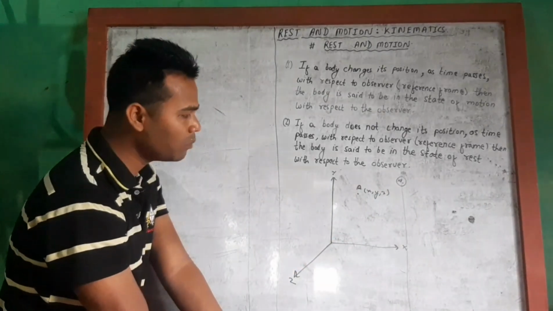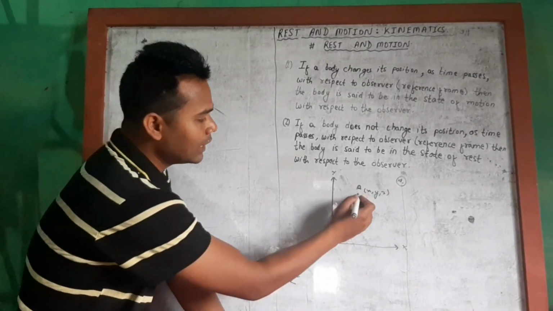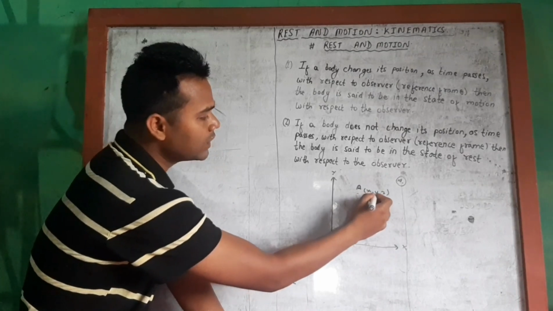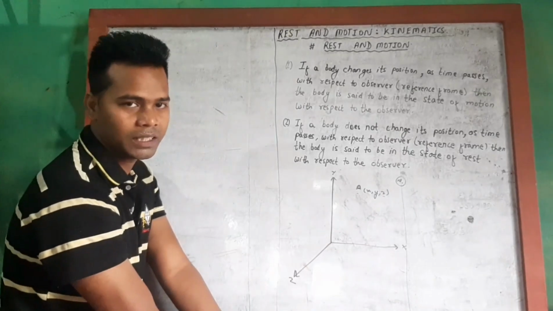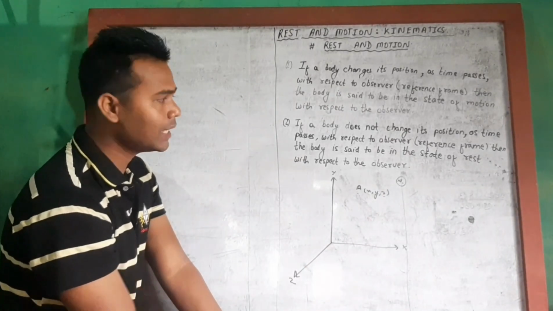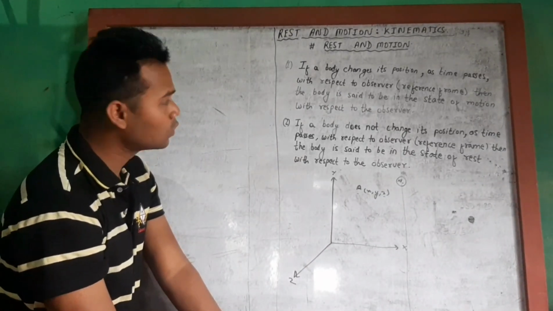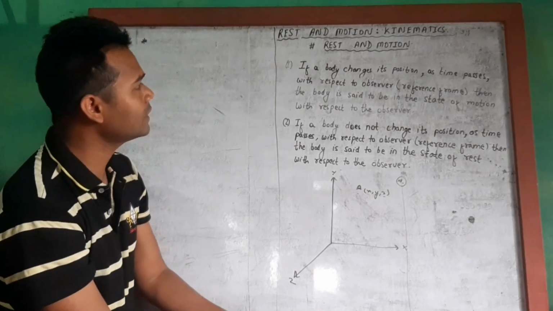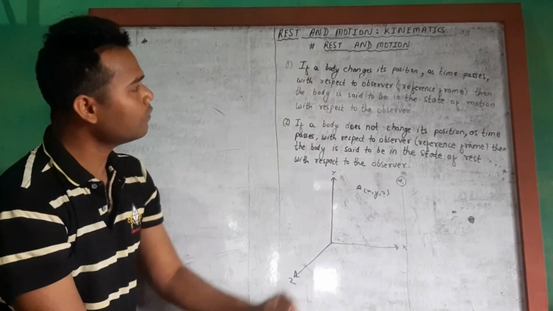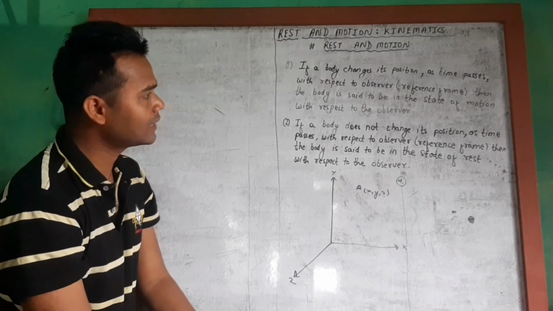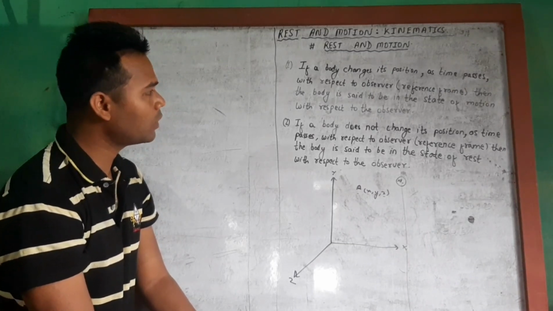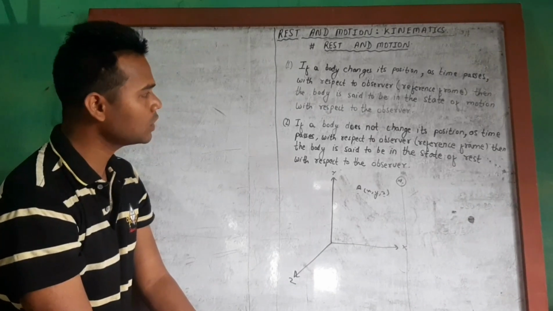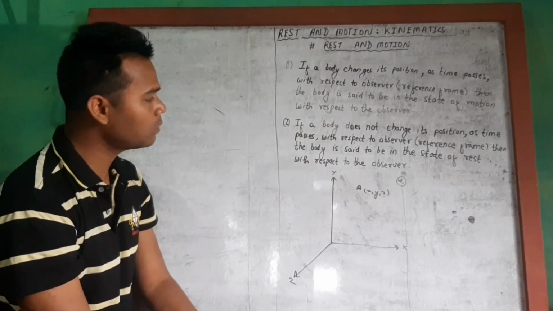And if no coordinate is changing as the time passes, then the body is said to be in the state of rest. That's why we come to the definition of rest and motion: if a body changes its position as time passes with respect to the observer, that is the reference frame, then the body is said to be in the state of motion with respect to that observer.